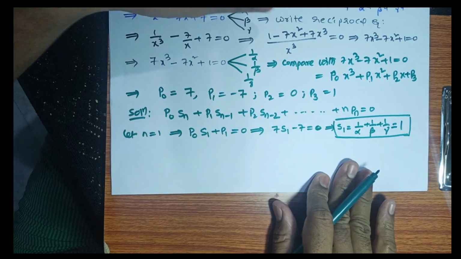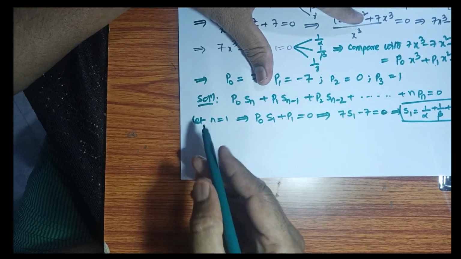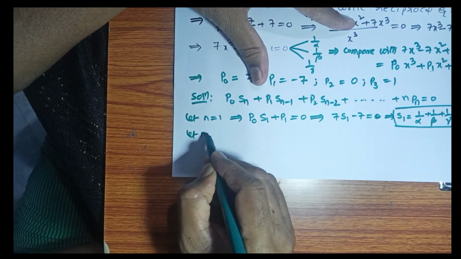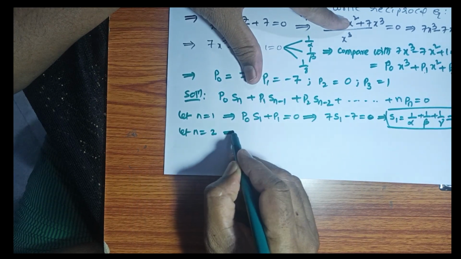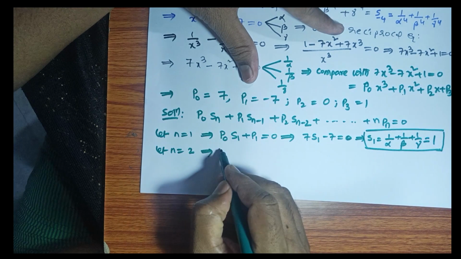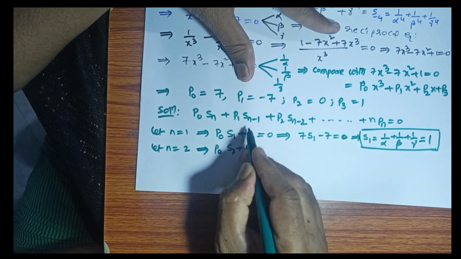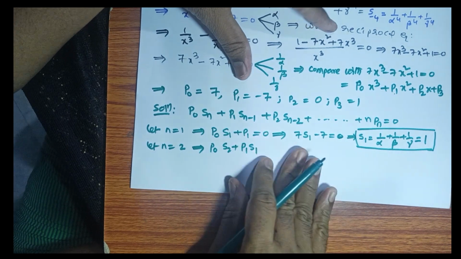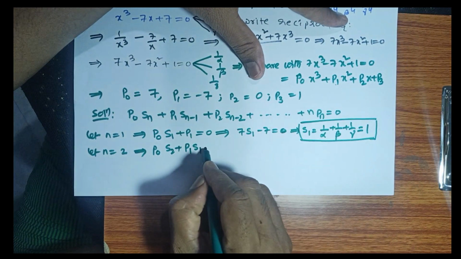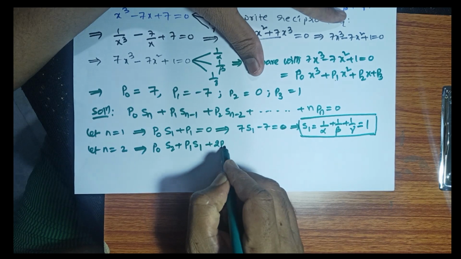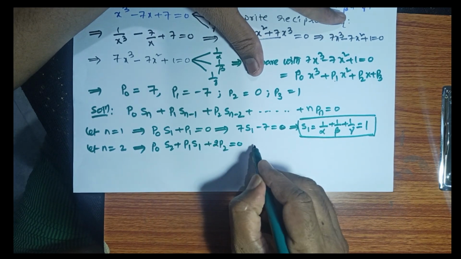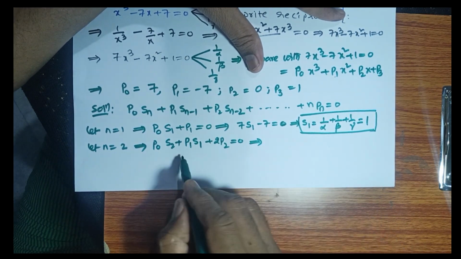Let us take n is equal to 2. N is equal to 2 means p naught s2 plus p1 s1 plus 2p2 is equal to 0. So if you write it, what are you getting?